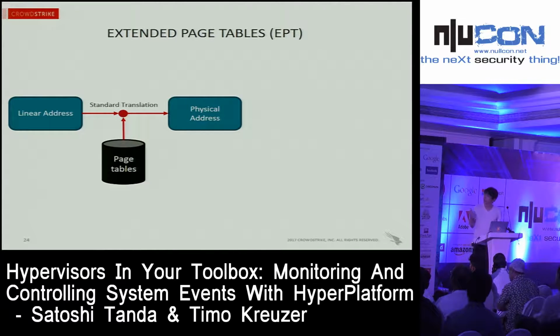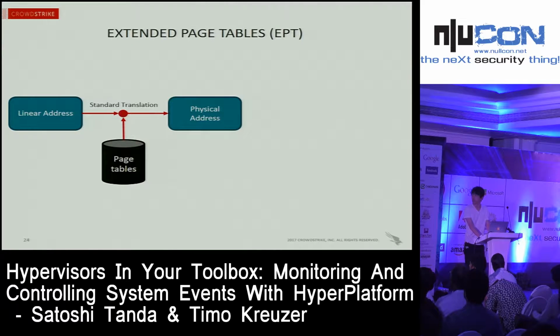So in a standard system without EPT, we get a linear address, a virtual address, as input, and then the processor consults a data structure named page tables to translate that virtual address into a physical address, and then fetches memory content from physical memory by using that physical address.